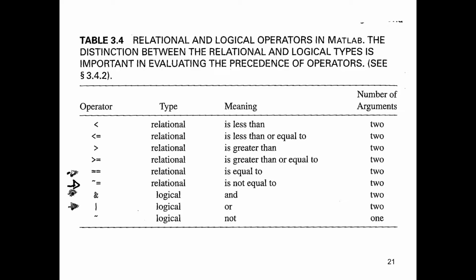This is equal. So there is a big difference between just one equal sign or two. When I'm saying one equal sign, A is equal to 2, I am assigning the value of 2 to A. Whereas if I'm putting two equal signs, I'm checking whether A is equal to B, or A is equal to 2.